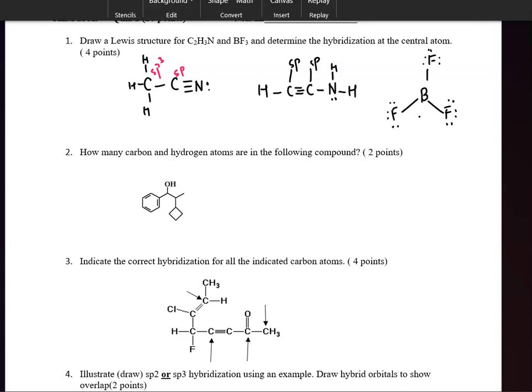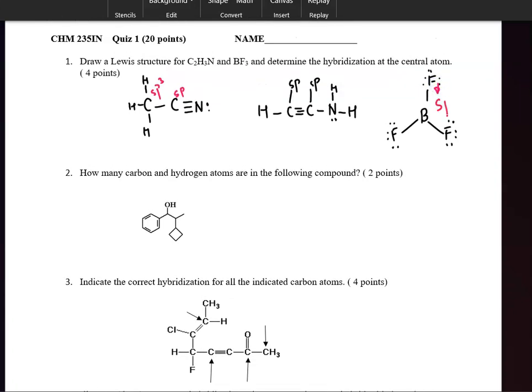Okay, so this is the best Lewis structure where all the atoms have 0 formal charge. And then the hybridization of the central atom in this case would be sp2.